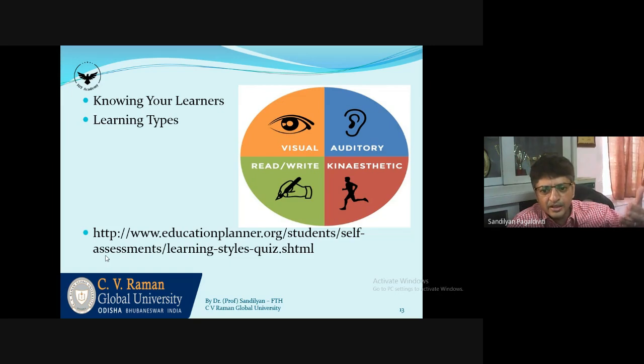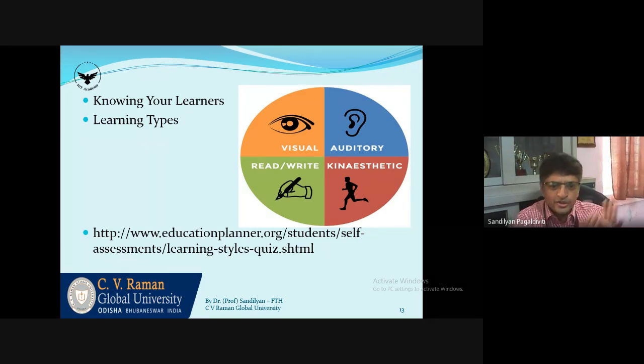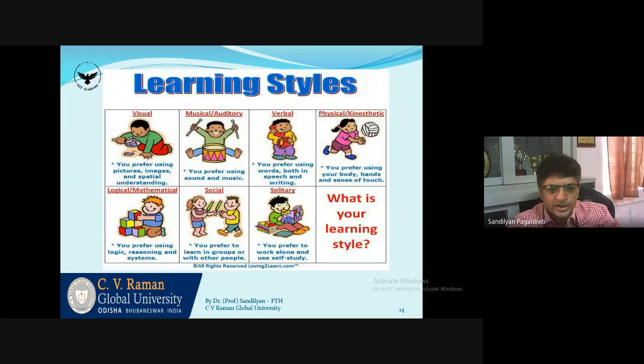There is a quiz available online which will tell you what kind of learner you are. You first learn for yourself what kind of learner you are. You can ask your students also, and based on your scores or the students' scores, the platform will classify them by what kind of learner they are, and then you can adapt your pedagogy or session according to the knowledge that you have got. Can we move on to the next slide?